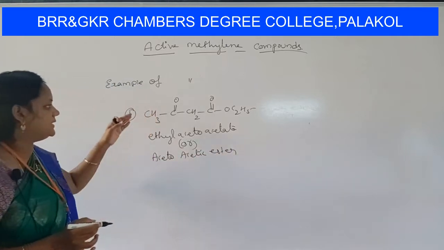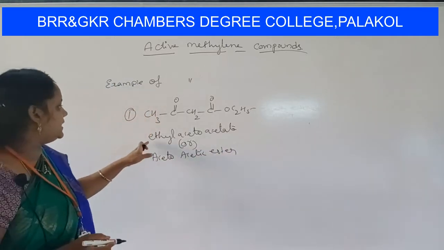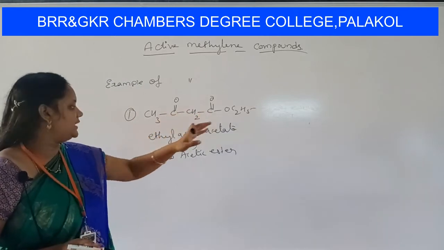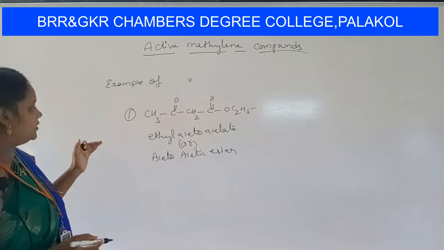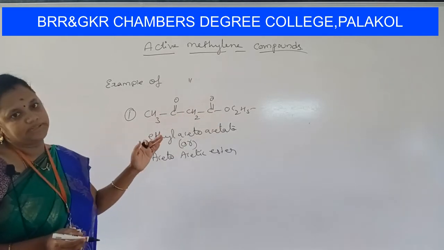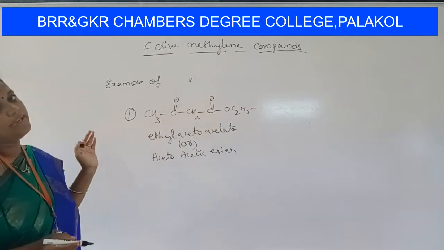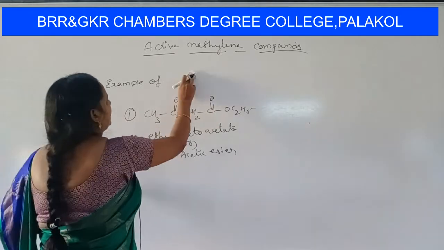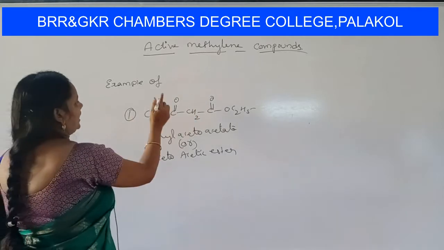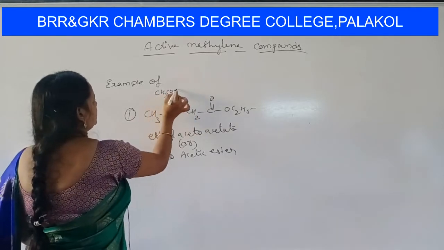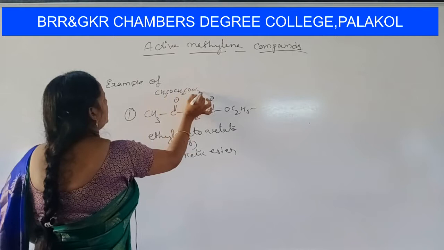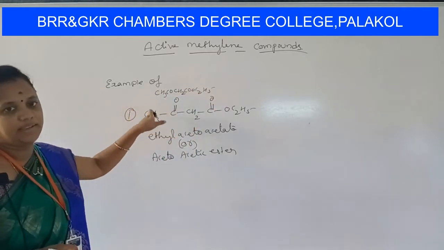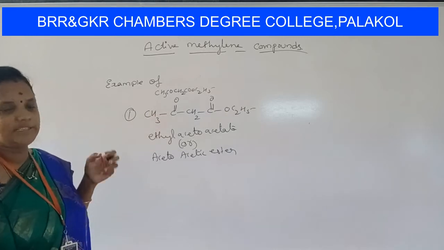Students, this is your first example. You can write the combined form like this: CH3CO CH2 COO C2H5. If you represent it like this or with bonds, it is one and the same.